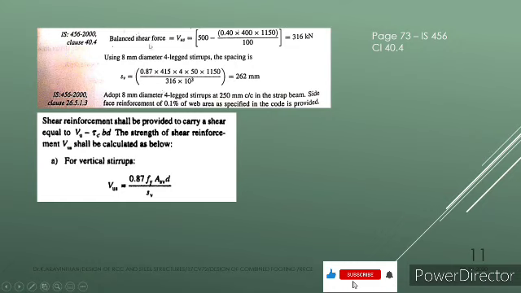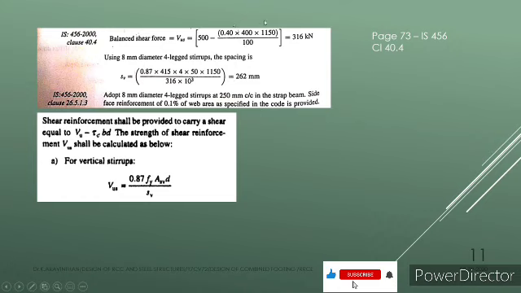Now, let us find VUS, that is shear force. So, what is the shear force? The total shear force is 500 kilonewton, which we have already found out. We are subtracting the shear force which is taken by the concrete.